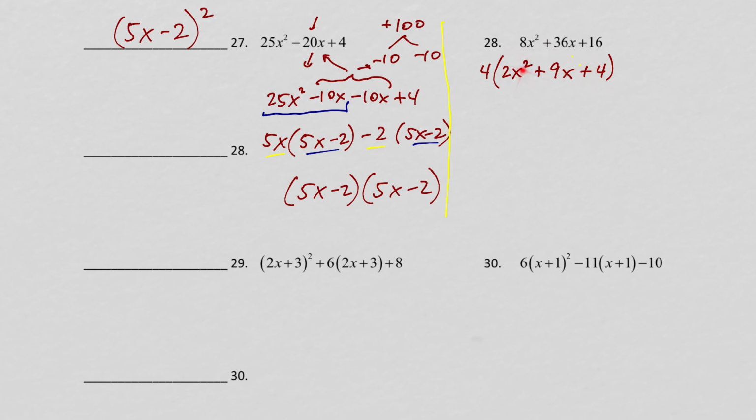When I multiply these two together, I get a positive. I'm looking for factors of 8 that add up to 9. And we can stop right there. So we have 4 times 2x squared plus 1x plus 8x plus 4. These two numbers make our 9x, and they came from that.